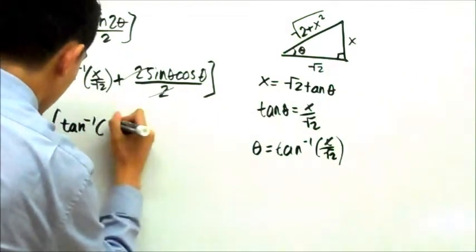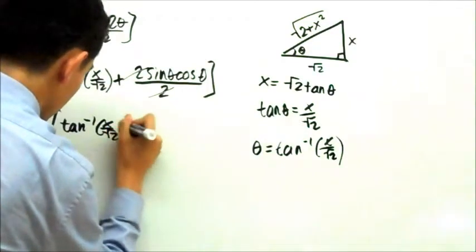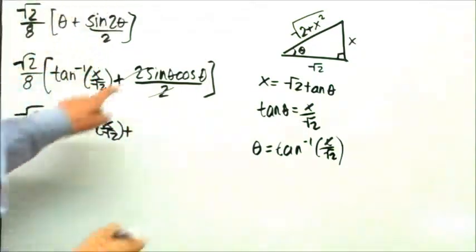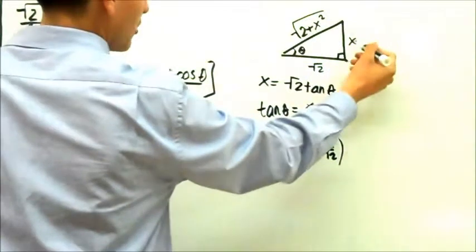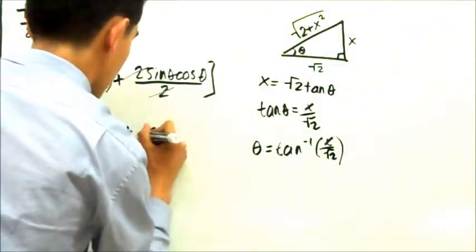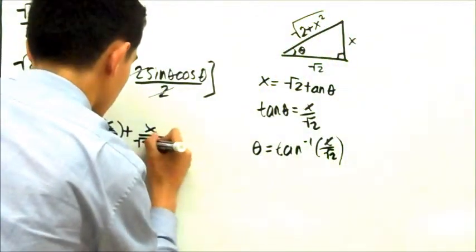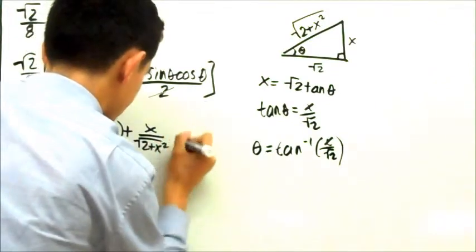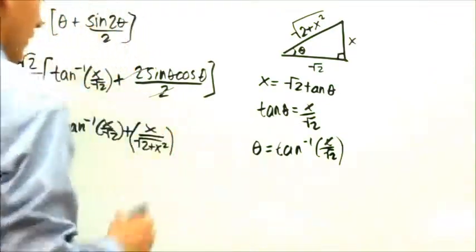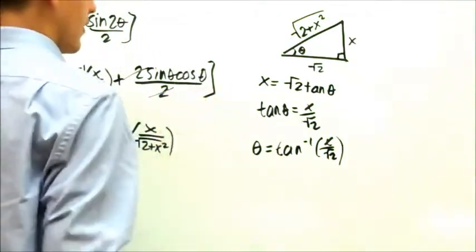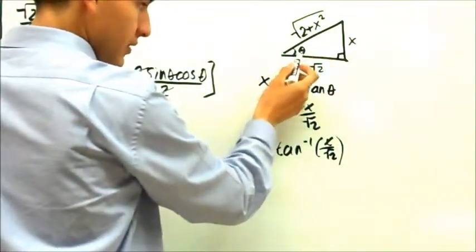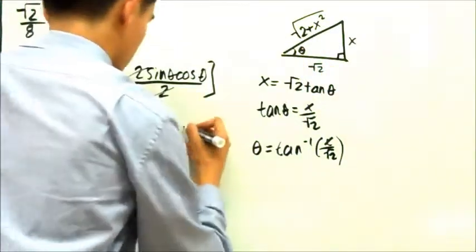Inverse tangent x over square root of 2 plus our sine theta, opposite over hypotenuse, and that's multiplied by cosine of theta. Well, cosine of theta is adjacent over hypotenuse.